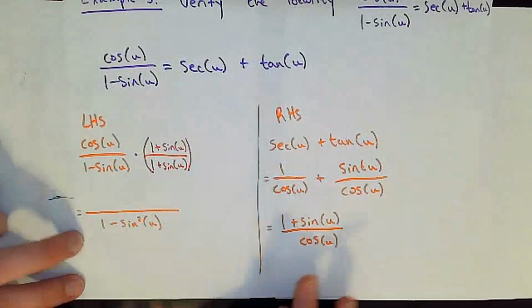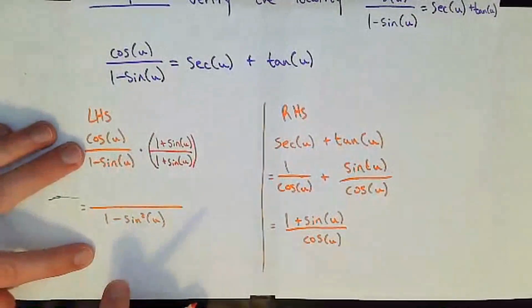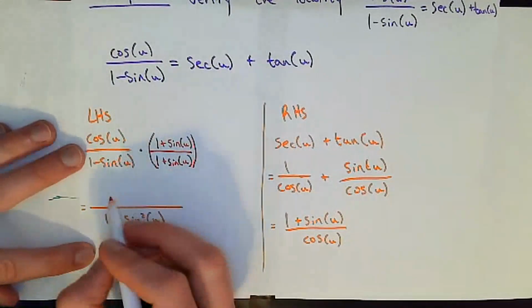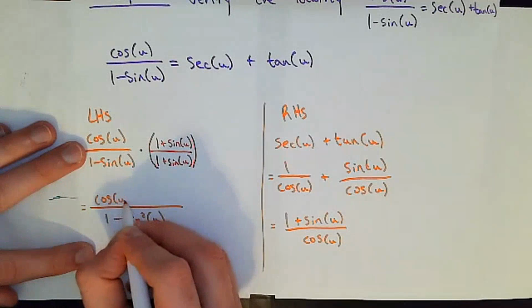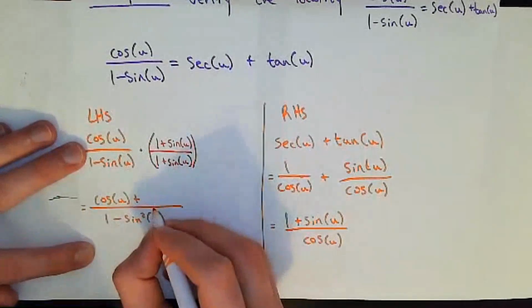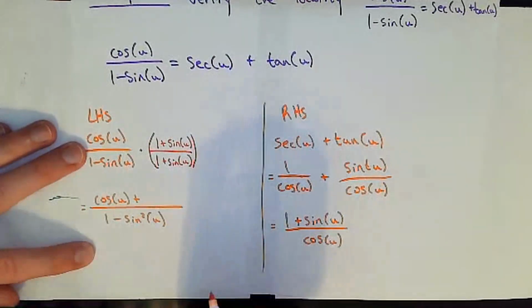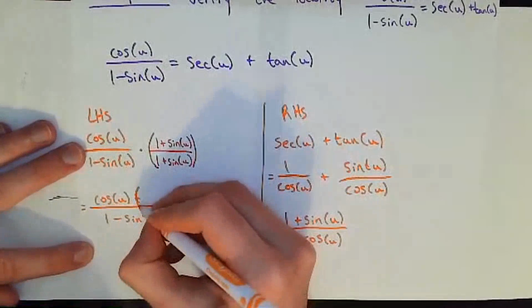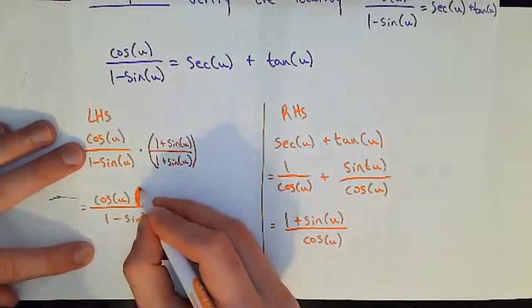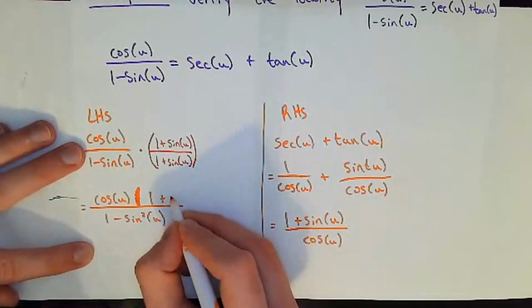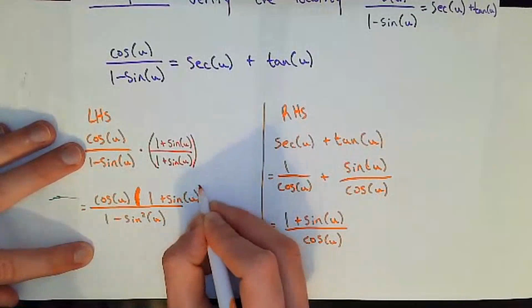This is equal. Okay, 1 minus sine squared U. And in the top, I have cosine of U times 1 plus sine of U. I won't distribute it yet.